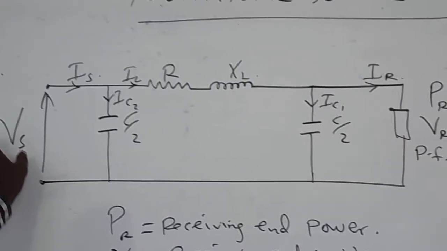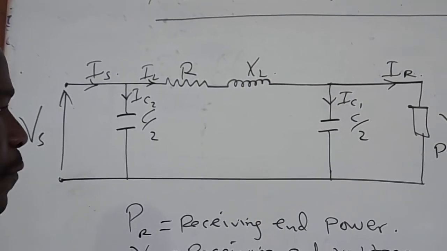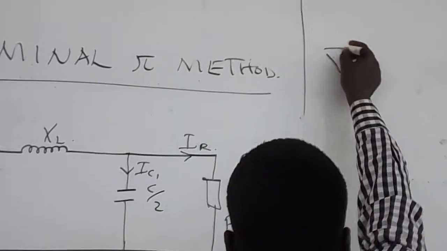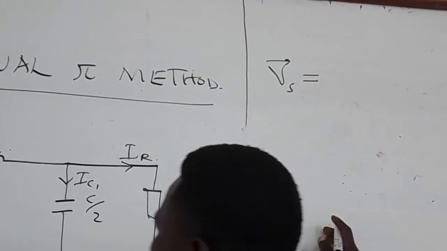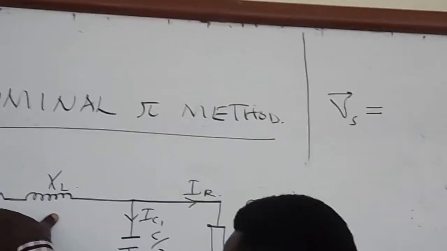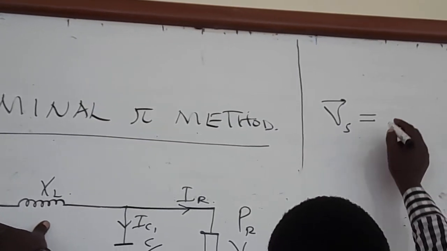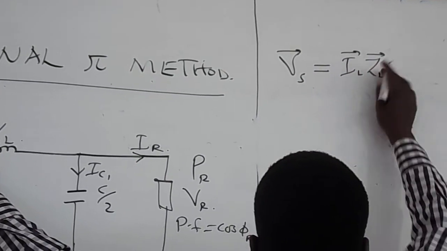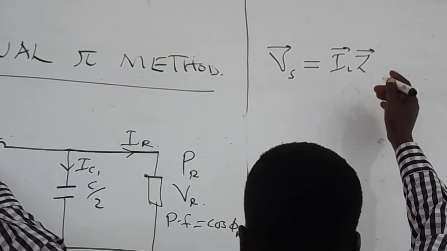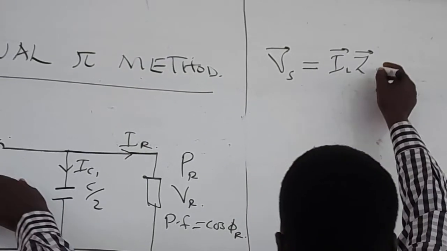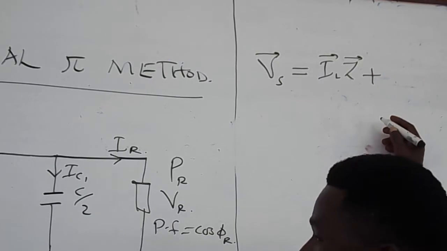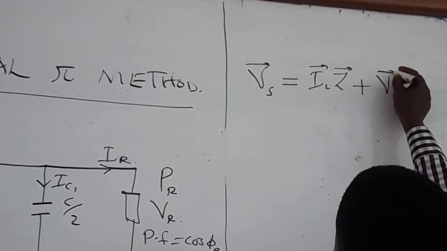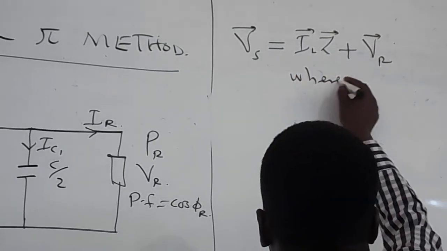Thus, the sending end voltage VS is equivalent to the voltage drop on the line, that is IL times Z, where Z is the line impedance, plus the receiving end voltage VR, which will be experienced on the parallel circuit. That is equation 1.